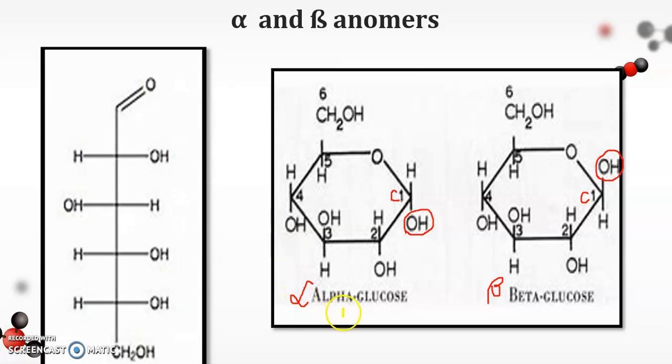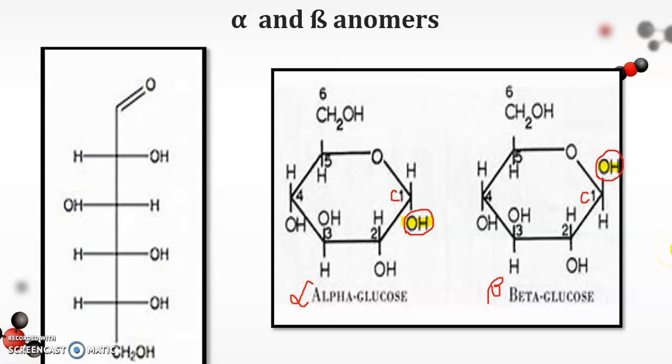For alpha glucose, we will see that the hydroxyl group will be attached on the C1 carbon, specifically below. Whereas for the beta, we will see on the C1 part of the ring, it is positioned in the upper portion.